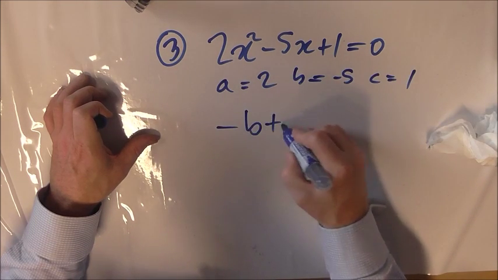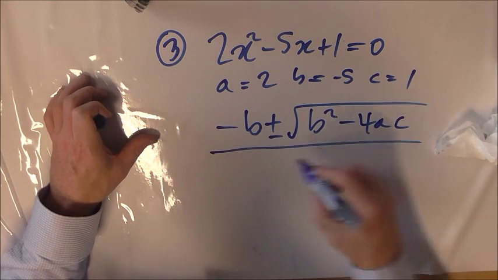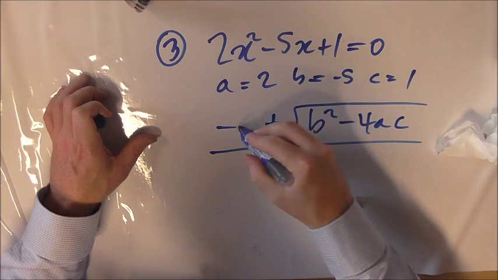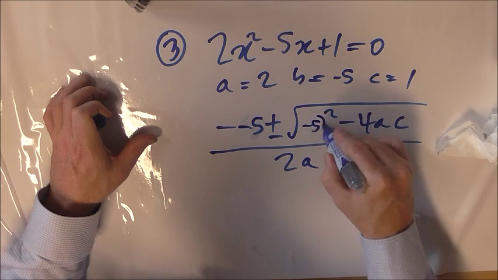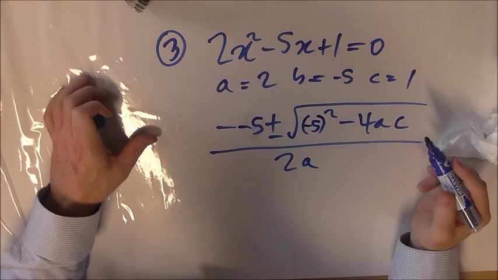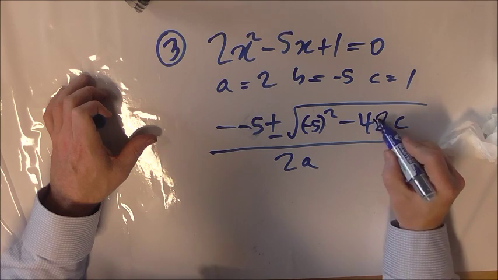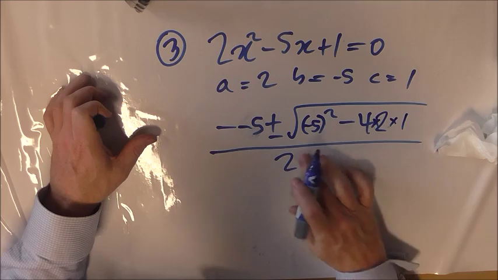So negative b plus or minus the square root of b squared minus 4ac all over 2a becomes a negative 5 where b is, leading to a double negative. A negative 5 in snug brackets. And a becomes 2. You're going to need a multiplication so people don't think it's 42. And the c becomes 1.